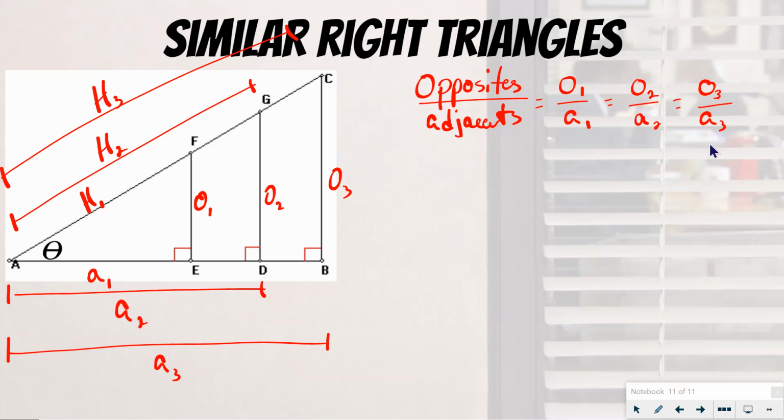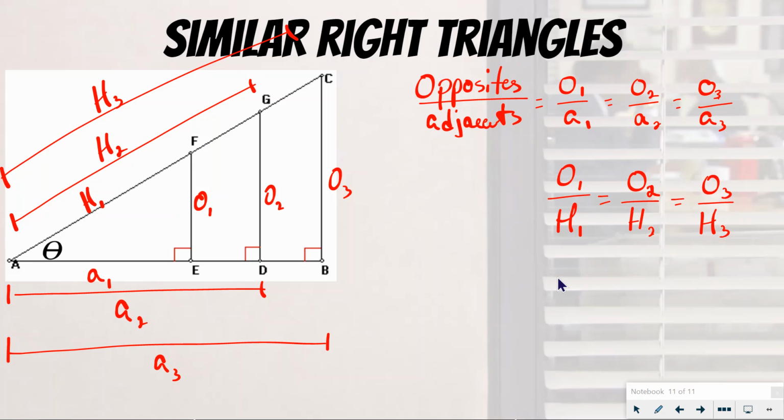That ratio remains intact because these are similar triangles. The exact same thing happens with any pairs that I use. I could use the opposites over hypotenuses, or the adjacent sides over their hypotenuses.